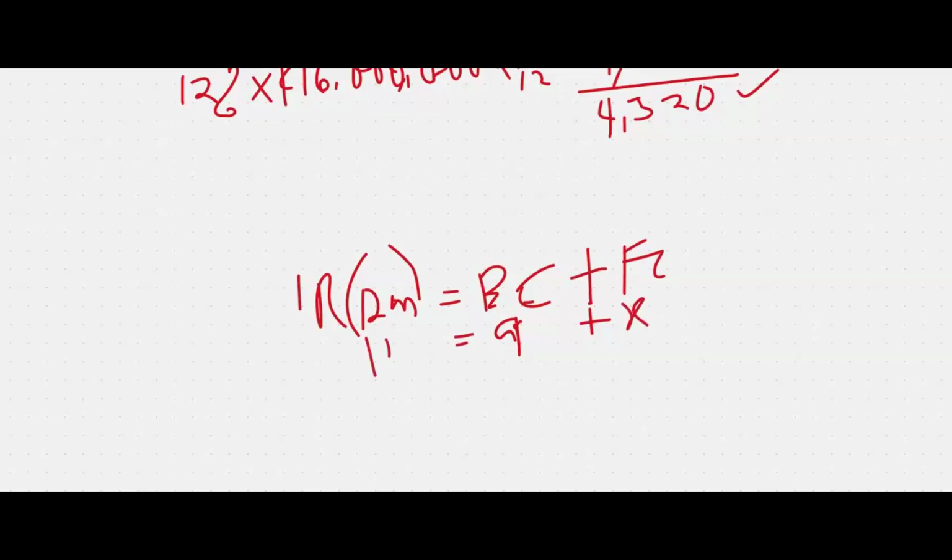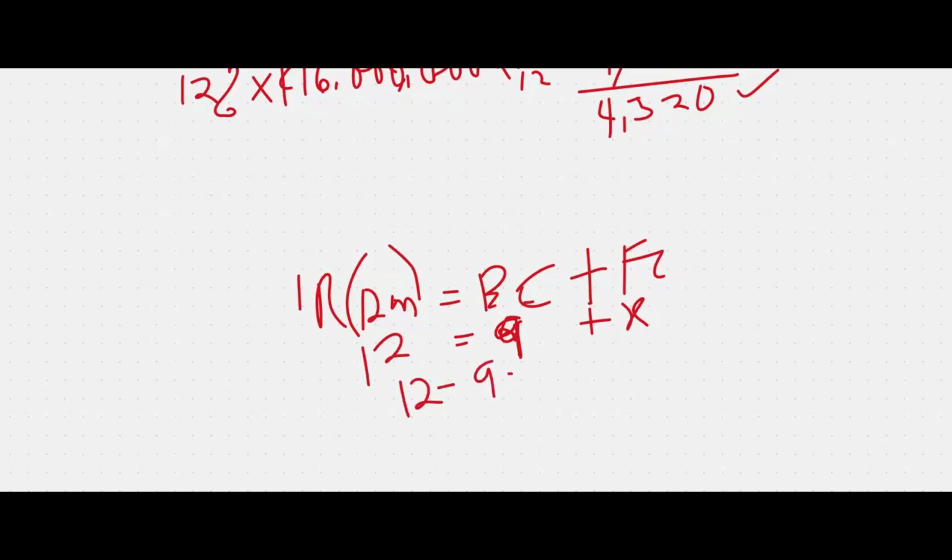We just make the finance cost the subject: if borrowing cost is 9 months, then we say 12 minus 9 equals X. So X equals 3. That's what I'm trying to do here.